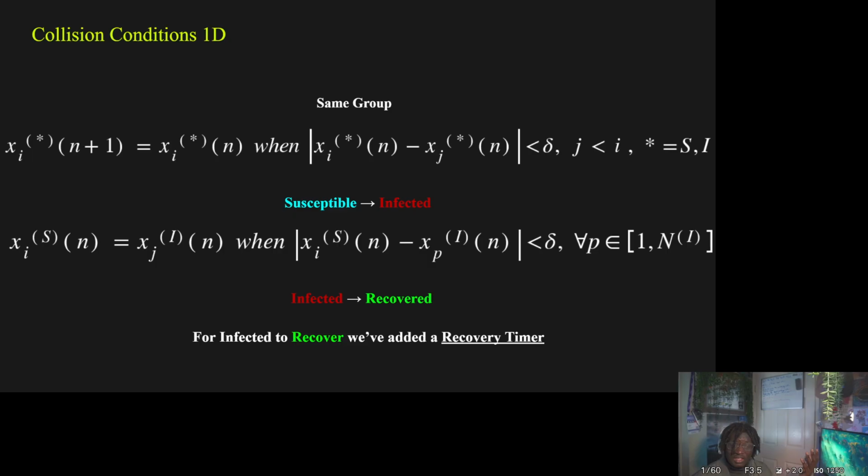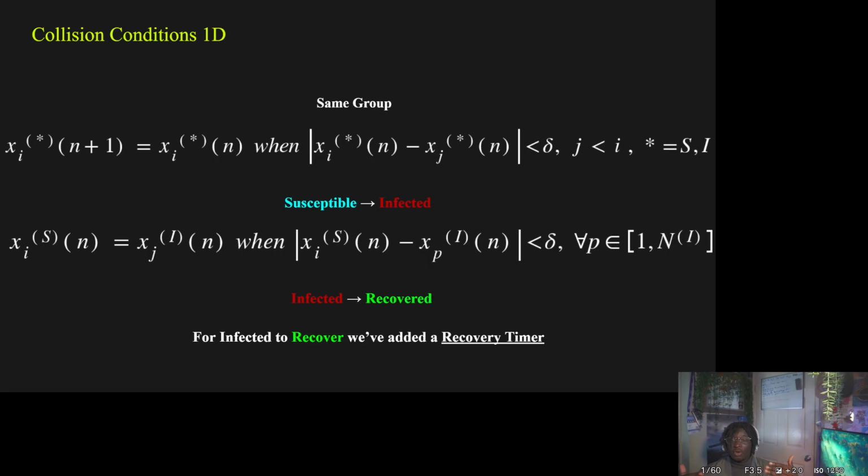But how do we define the collisions? What are the collisions, and what do they represent in our model? So, same group collisions, right? Let's say I'm an infected, you're an infected. We can't overlap. We don't want to overlap. Physically, that's not possible. So all this first equation is saying is that if I, a susceptible, get very, very close to you, another susceptible, I'll just stop.